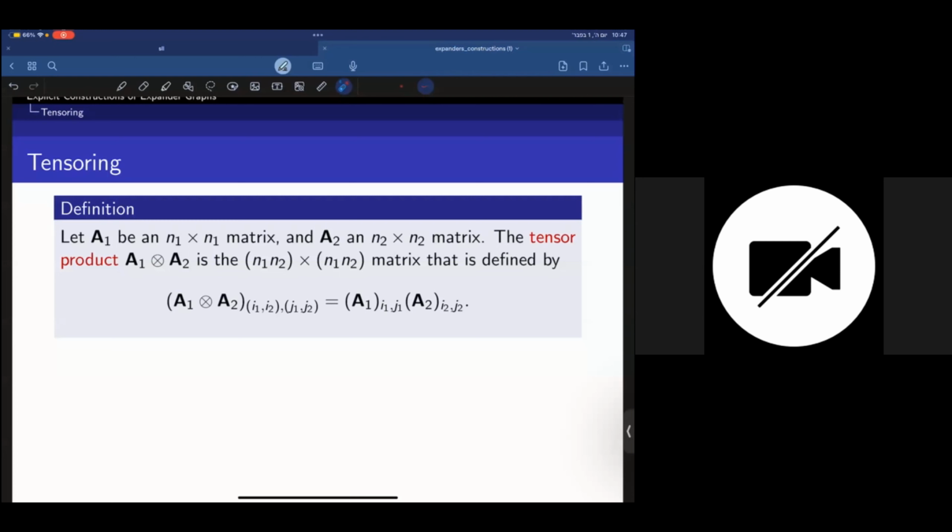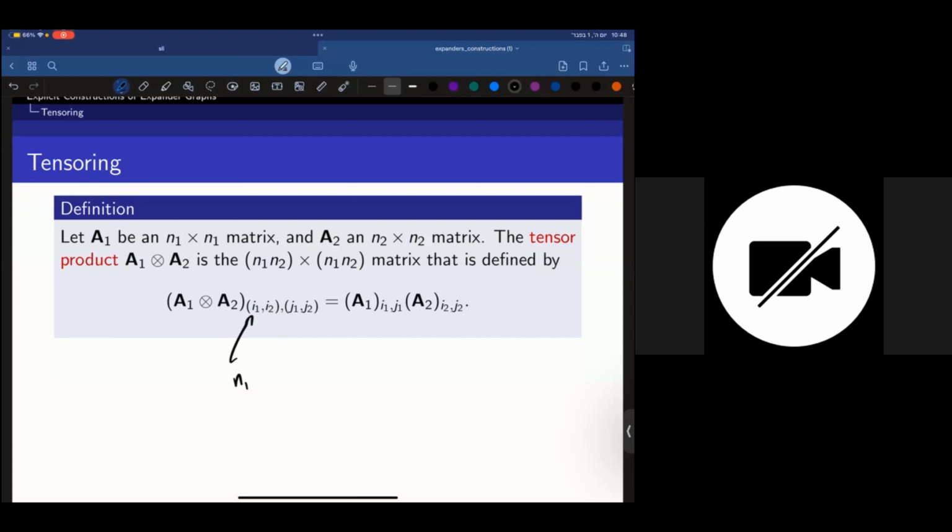So you can ask, what are the entries of this matrix? To specify an entry of this matrix, I have to tell you each row and column is indexed by a number between 1 and n1 times n2, but you should think of it as something that lives in n1 times n2. So i1 is going to be in n1, i2 is going to be in n2.